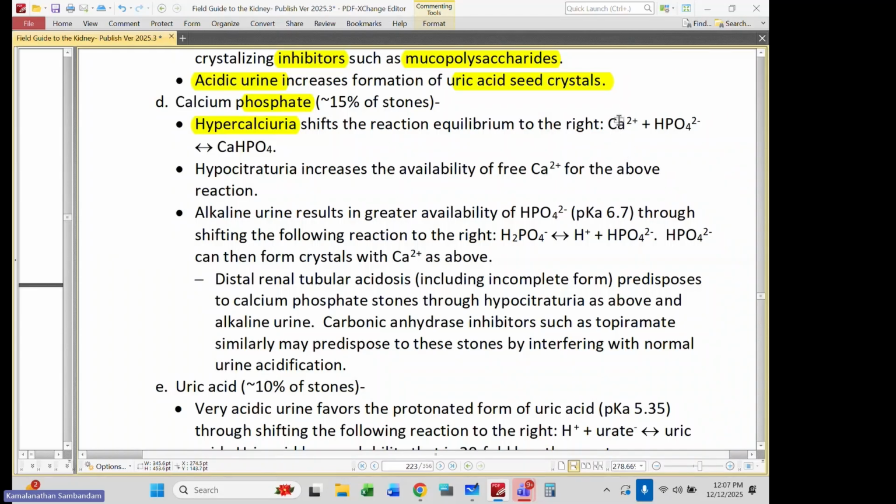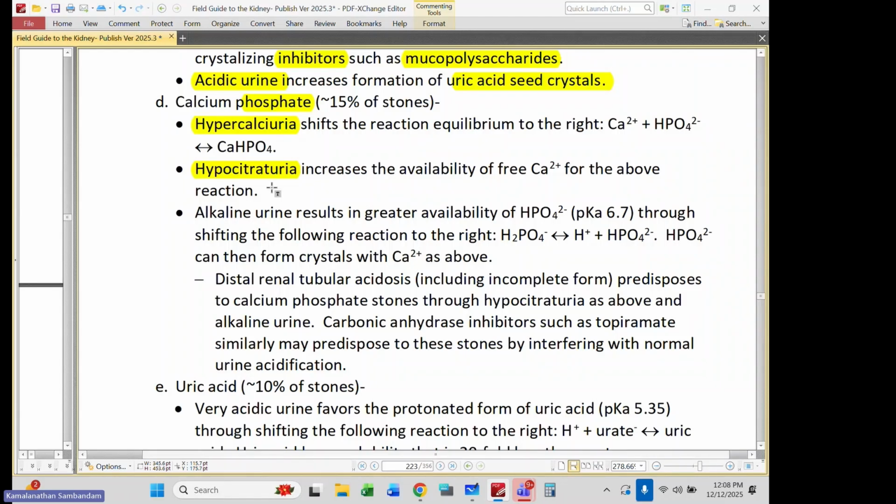So calcium citrate would reduce, or the presence of citrate will reduce, the availability for calcium associating with phosphate and forming the less soluble calcium phosphate. So hypocitraturia is certainly another factor that's relevant in the calcium phosphate stone former, okay?